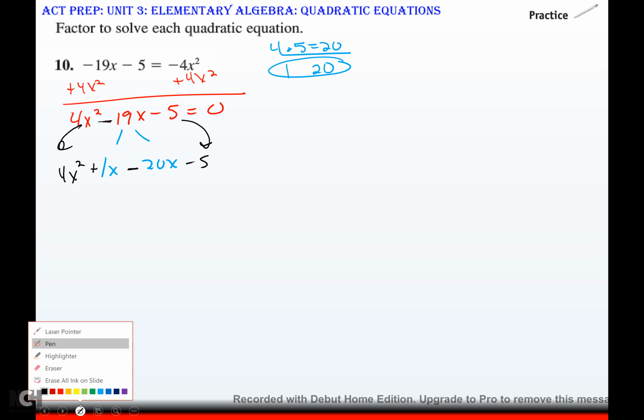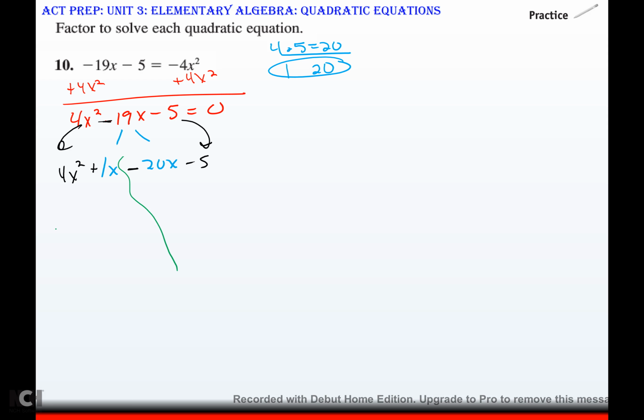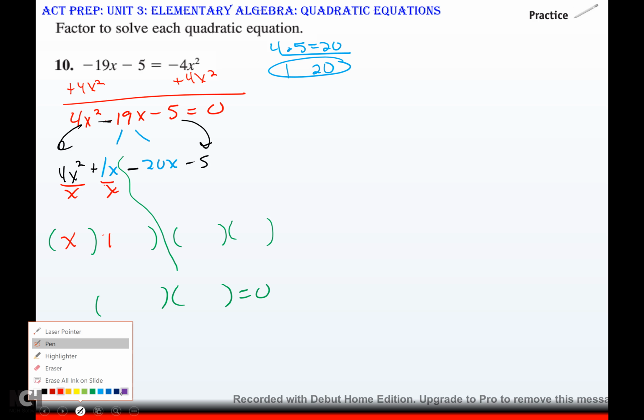We now have 4 terms, so we're at 2 by 2. GCF, GCF, GCF again. Alright, over here, my GCF looks like 1x. So if I divide by x and divide by x, that leaves 4x plus 1.